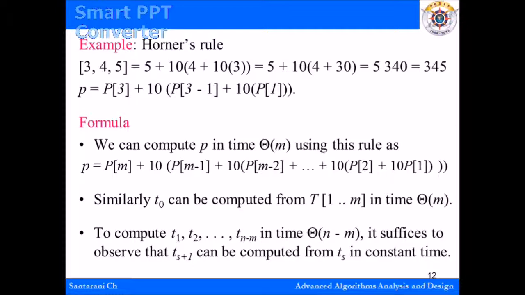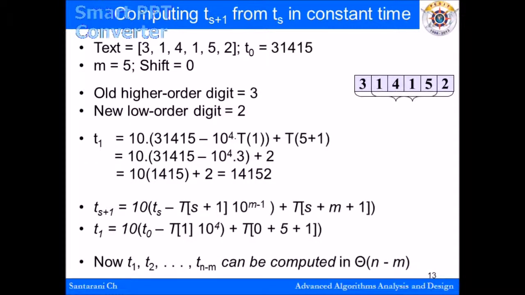To compute t_1, t_2, up to t_(n-m) in time theta of n minus m, it is observed that t_(s+1) can be computed from t_s in constant time. Consider a text 314152, where t_0 equals 31415. Now we have to consider t_1, that is t_(s+1). Here m equals 5 and s equals 0. The highest order digit is 3 and the new lowest order digit is 2.